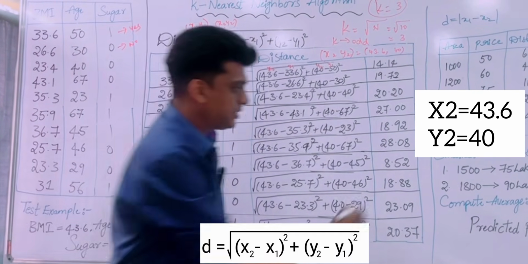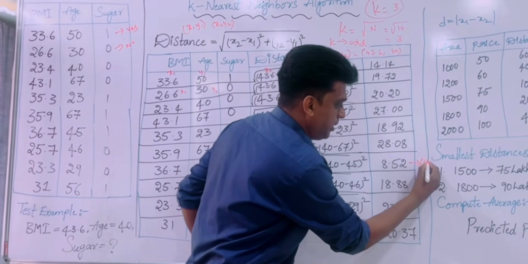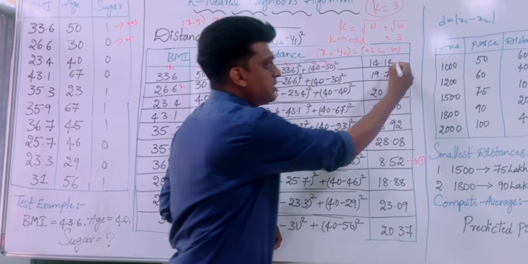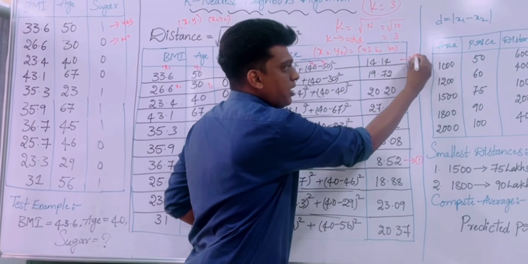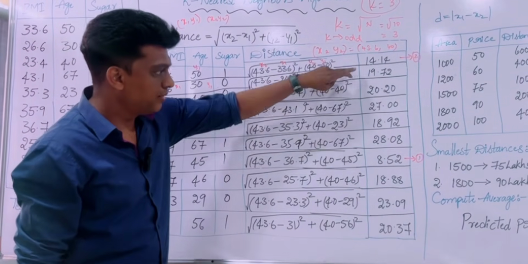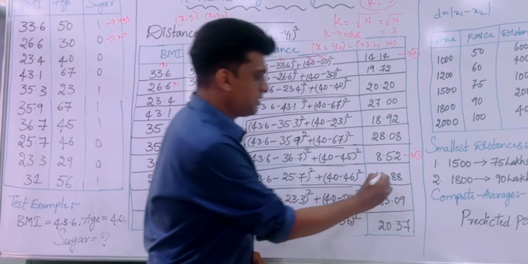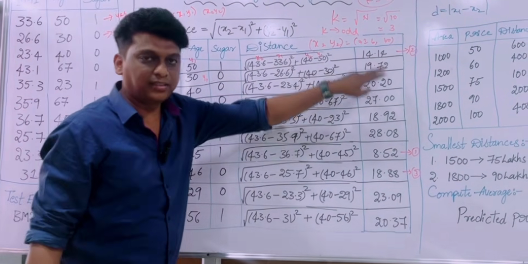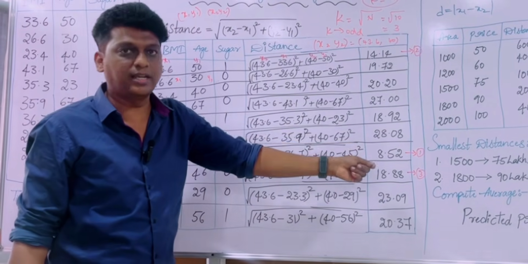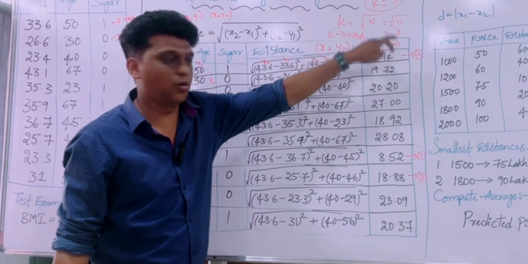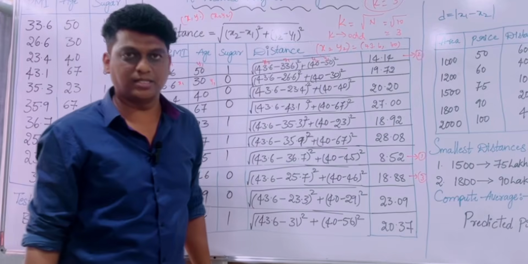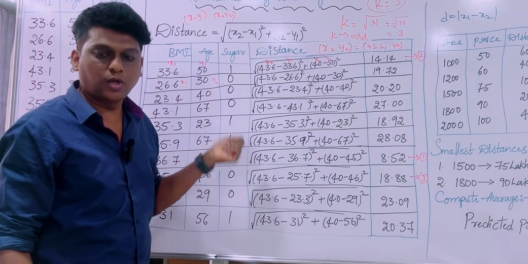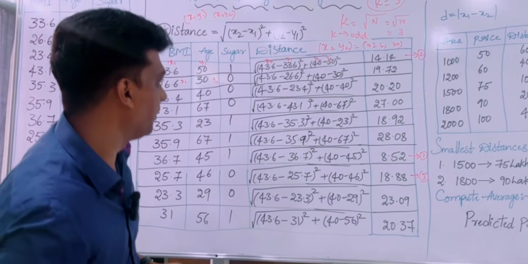Here the first minimum distance is 8.52. Then 14.14 is the second minimum distance. Then the third minimum distance is 18.88. So we rank the first 3, because k equal to 3; we are ordering the first 3 minimum distances. Now for the corresponding distances we need to identify whether the person has sugar or not.